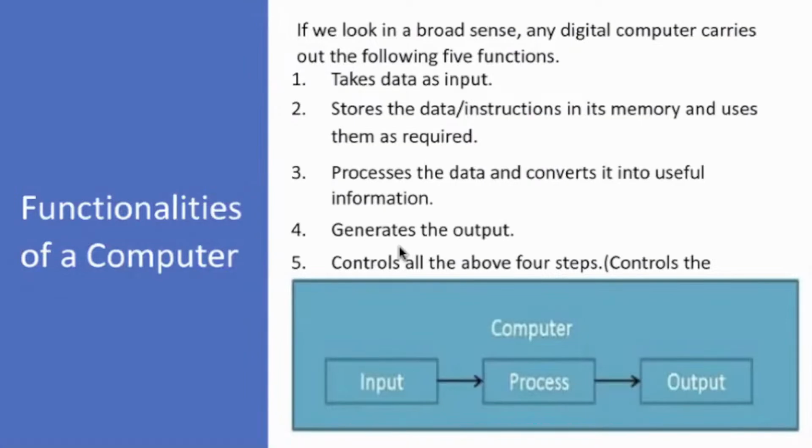Okay, then it generates the output. Output means getting this outside. So we can use output devices like pen drives, CD drives, floppy disks. Likewise, you can use any output device. Then it controls all the above four steps. That means input, process, output can be controlled in our computer.